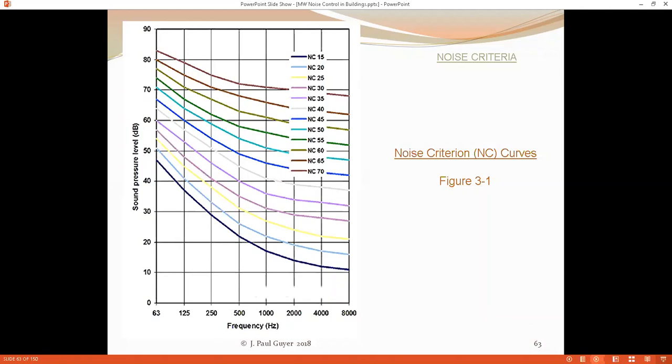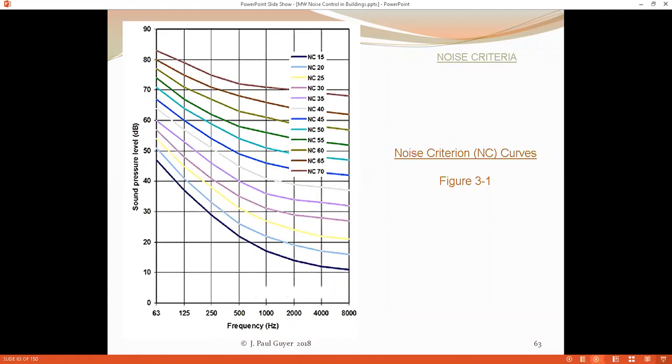If the sound pressure level at 500 hertz is 20 decibels, that's below the NC15 curve. So the NC15 curve is a quiet room. The NC70 curve is a noisy room.